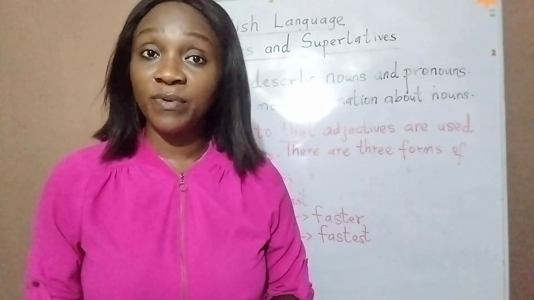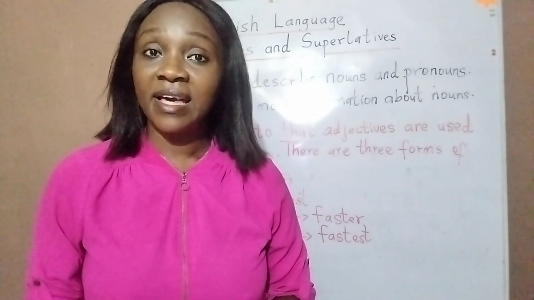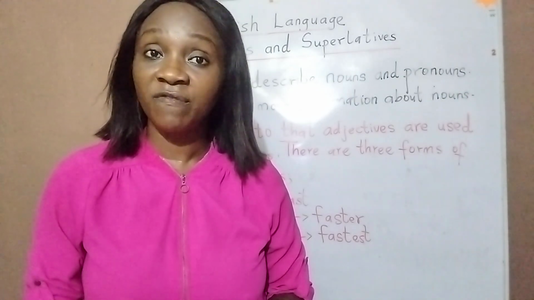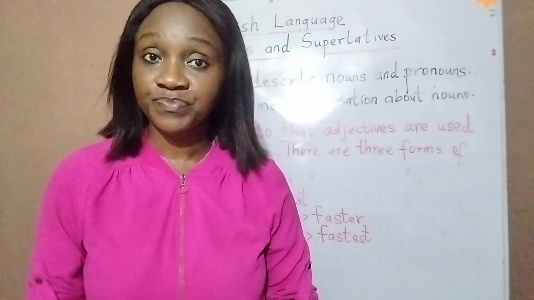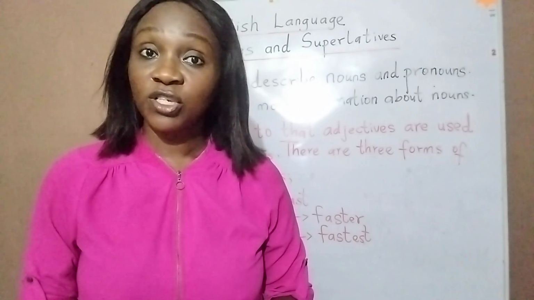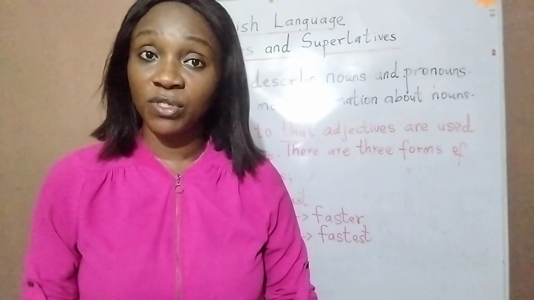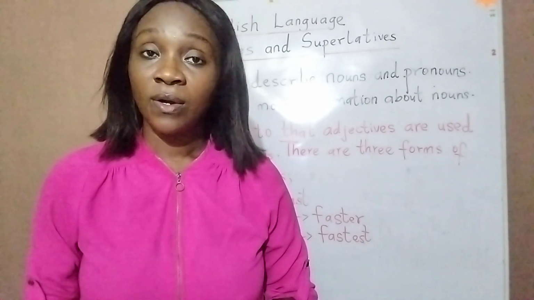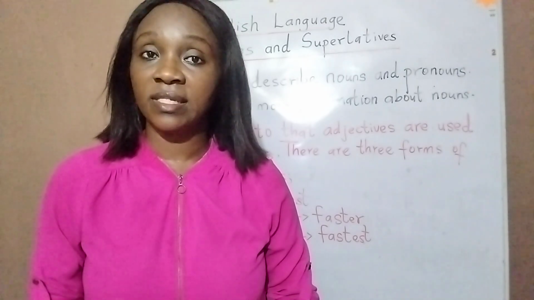We have the simple form, we have the comparative form, and we have the superlative form. The simple form of comparison is used to compare just one thing. Comparative is used to compare two things, while the superlative is used to compare more than two things.